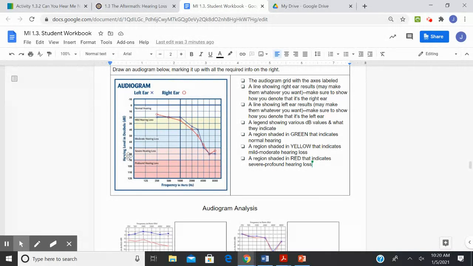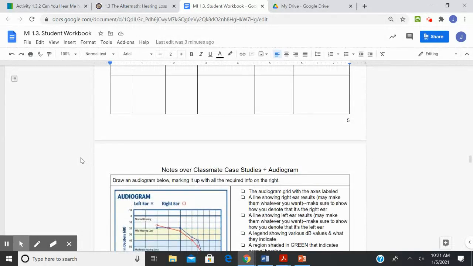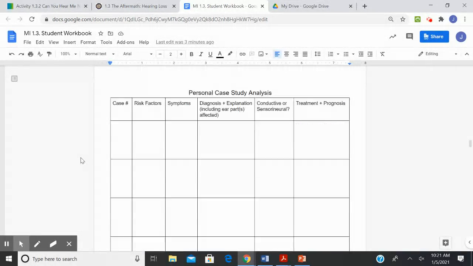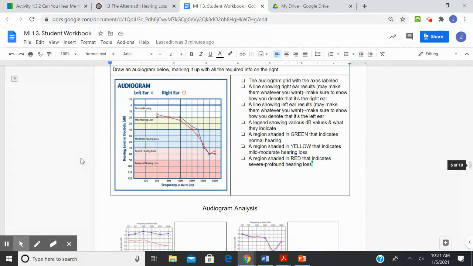You look at the audiogram, and here you see hearing level in decibels, and as you go from top to bottom, it gets louder. Essentially, someone is getting an audiogram. We're going to start doing the audiogram analysis. Hopefully you've analyzed your patient by now. As you go left to right, you can see frequency is increasing. So it's going from lower pitch to higher pitch, low frequency to high frequency.